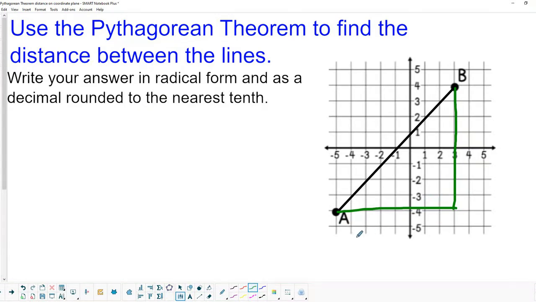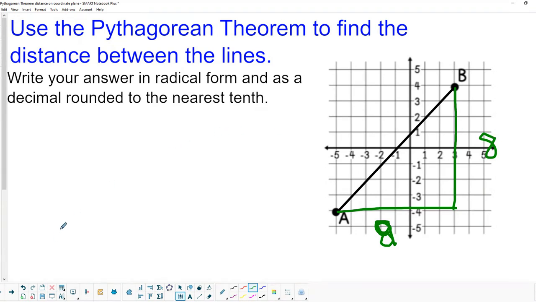And our base in this case is 7. And our height, hold on, let's just look. I meant to say 8, sorry. 8 across on the bottom and 8 up on the side.